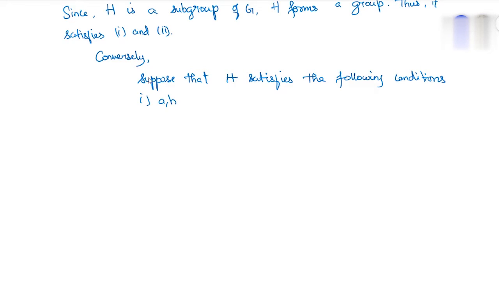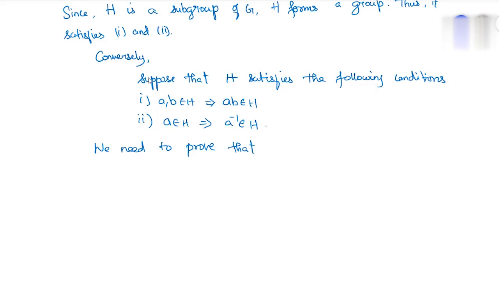A, B belongs to H implies AB belongs to H, and A belongs to H implies A inverse belongs to H. Suppose it satisfies the conditions. Now we need to prove that H is a subgroup of G.